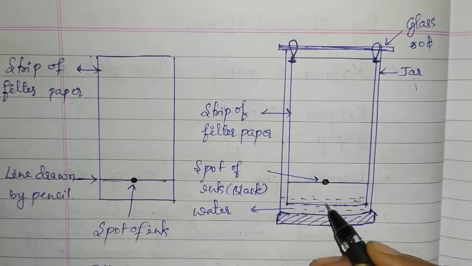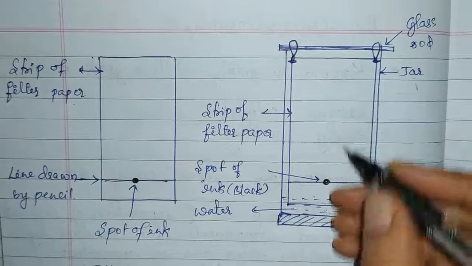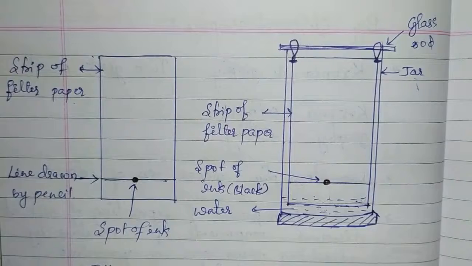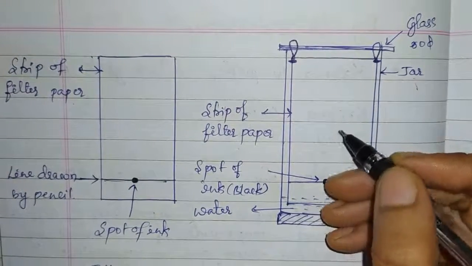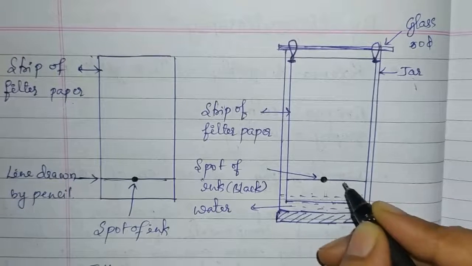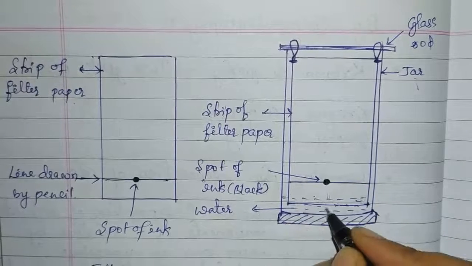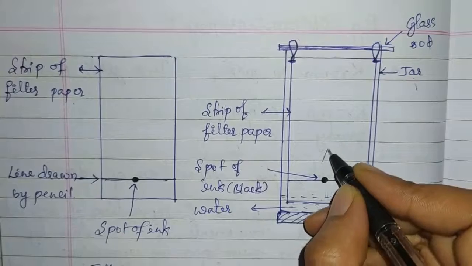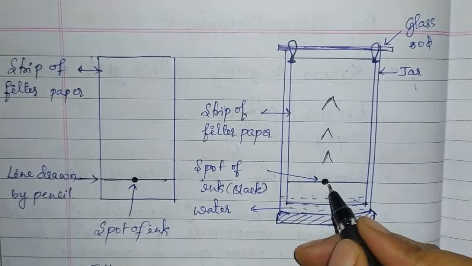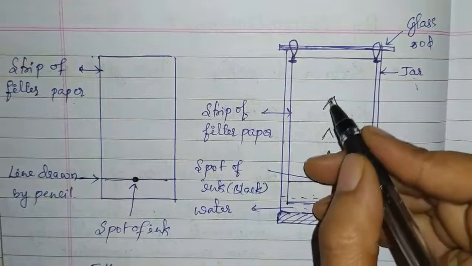When this filter paper comes in contact with the water, the water flows in an upward direction due to capillary action. As the water moves upward, the ink which is to be separated, here we have placed black ink, also moves along with this water. The different colors present in the dye of the ink get separated like this.